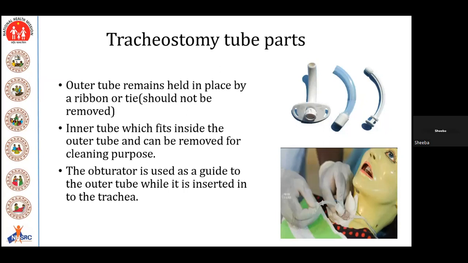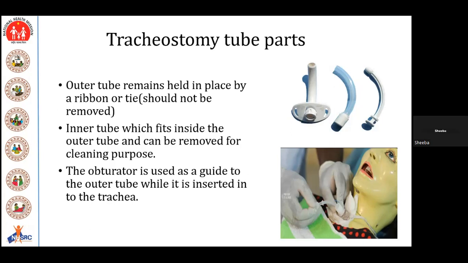For the inner tube, you have to take it out from the outer tube, clean it under running water and replace it back. You have to educate the patient and caregivers about the same. With the help of a mirror, the patients can remove the inner tube from the outer tube, clean it under running water, and replace it back.